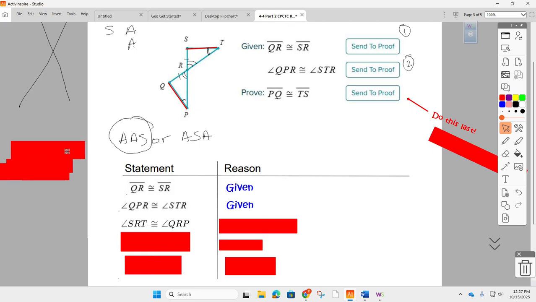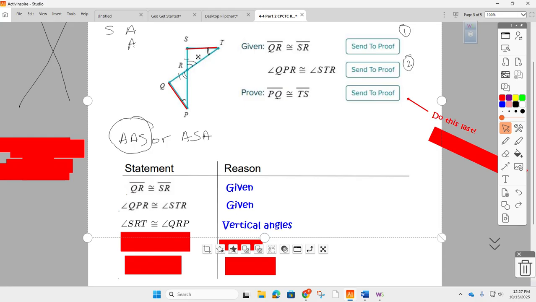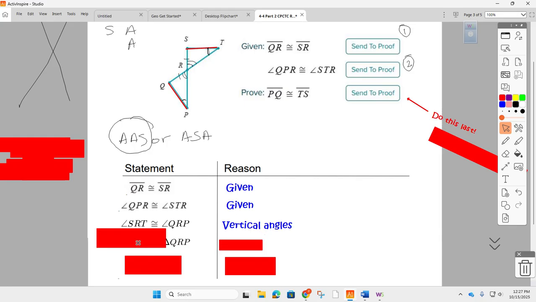I'm sorry, QRP. And the reason for that is vertical angles. So we've got a side, angle, side. So now we're going to say this triangle is congruent to this triangle. Actually, this one is congruent to this one.